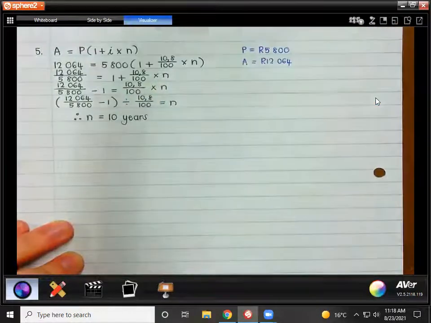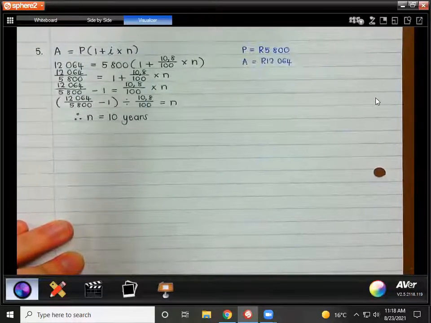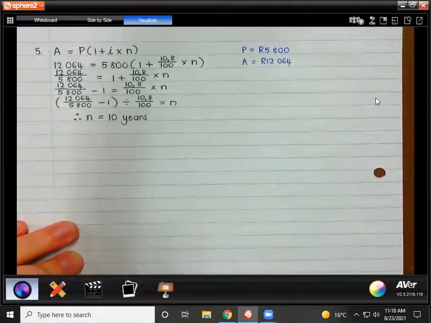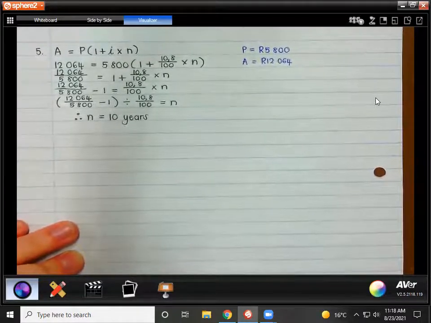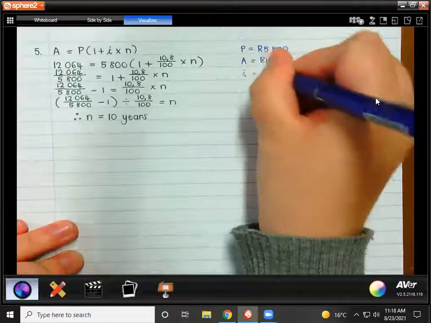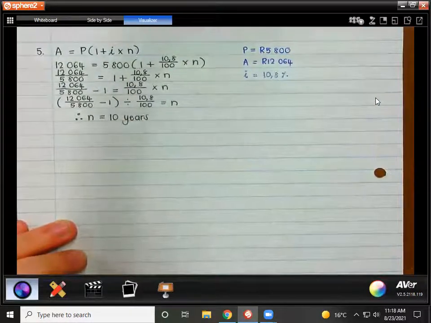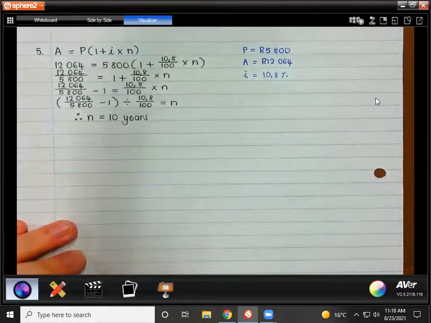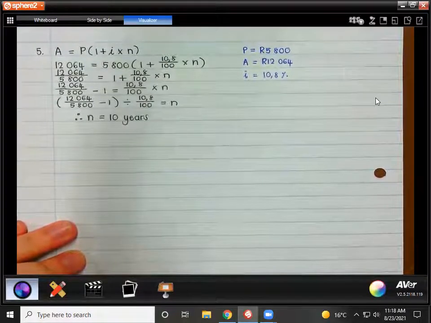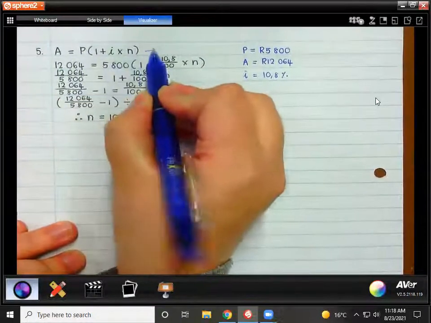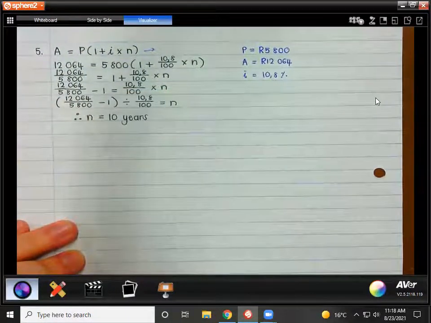So 12,064, that's A. After a period of N years, so they're not telling us how many years now for this one. If the interest rate offered was 10.8% per annum, so we're going to write that as 10.8 over 100, and they're saying simple interest, determine the value of N. So simple interest, so we use the simple interest formula.